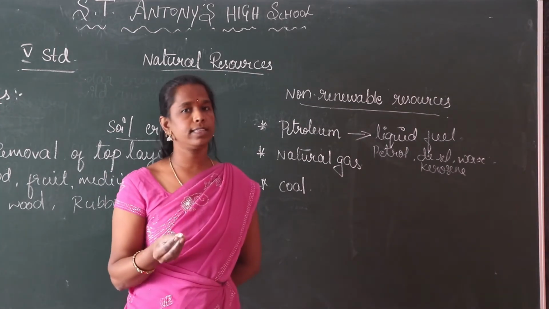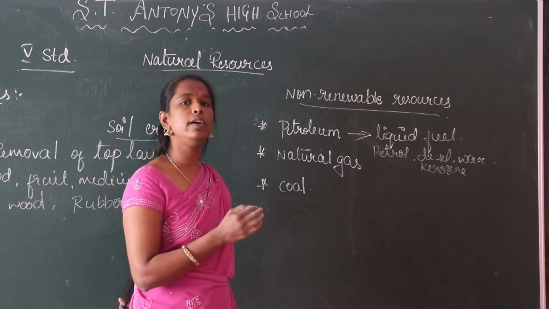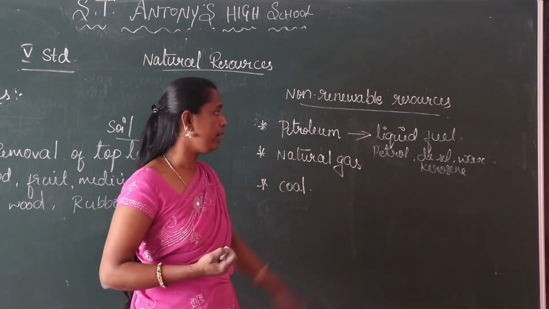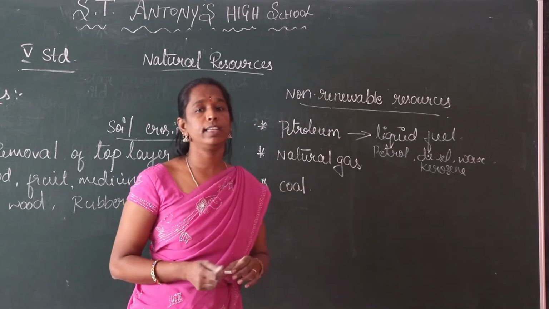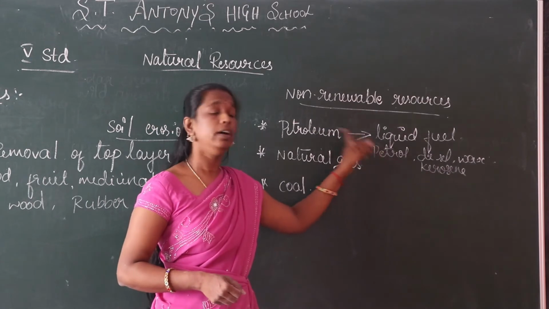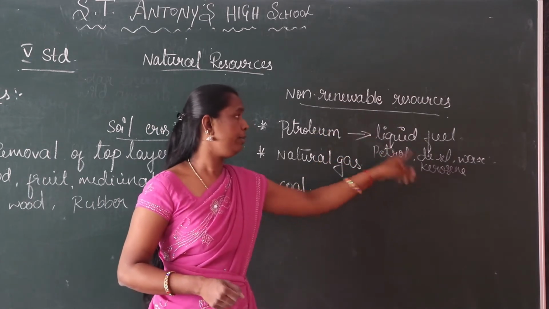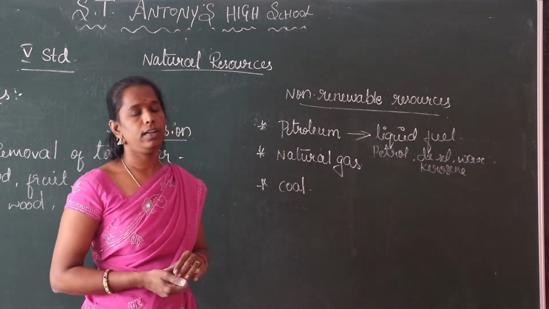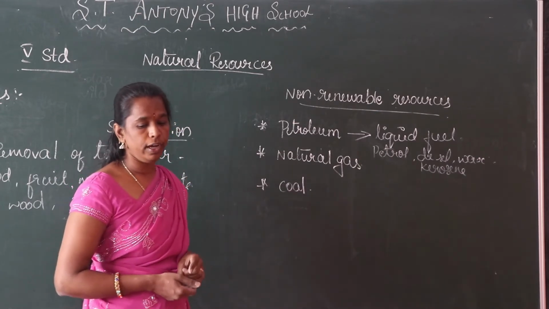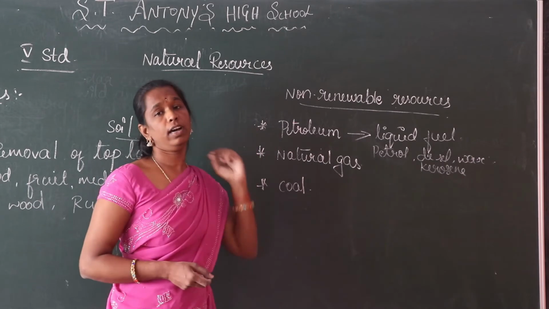Wax, candles are made, so wax also is obtained from the petroleum product. Kerosene, in Kannada is called Seemeenne. So these are the examples for petroleum: petrol, diesel, wax and also kerosene, etc. So it is a liquid fuel. It is formed by dead organisms.